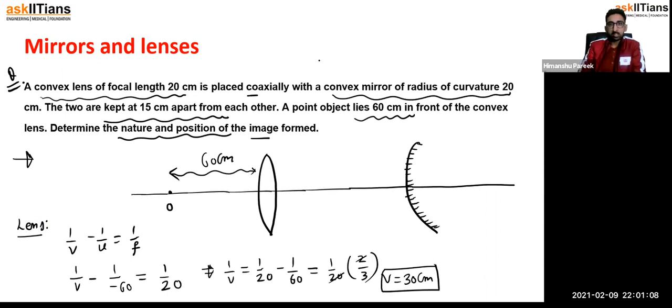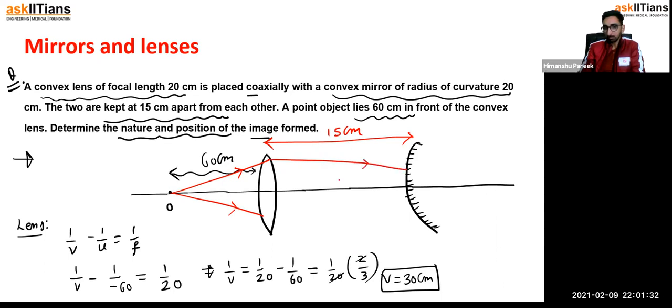Now the next is, if this image is being formed at 30 centimeters, let us draw the rough diagram. The image is coming real, so that's the incident light rays going this way, and now it is supposed to converge at 30, but guys, see carefully, that itself is only 15. So actually the light rays would go like this, but in between they would encounter a mirror. Actually they were supposed to converge at this place.